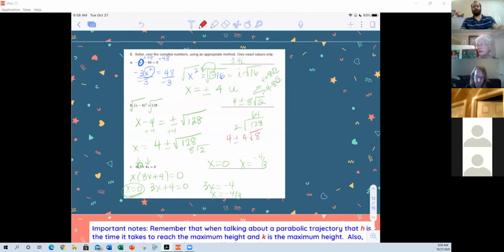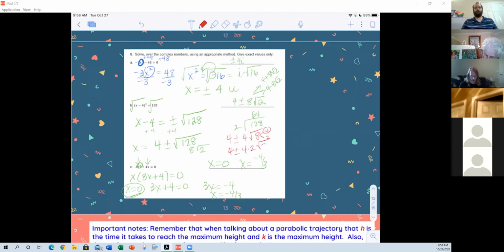Okay. If you did that, you'll get most of the credit for that. But 8 can still break down to 4 times 2. As long as there's a perfect square within the problem, you still have to simplify it further. So this would be 4 plus or minus 4, and the square root of 4 is 2.